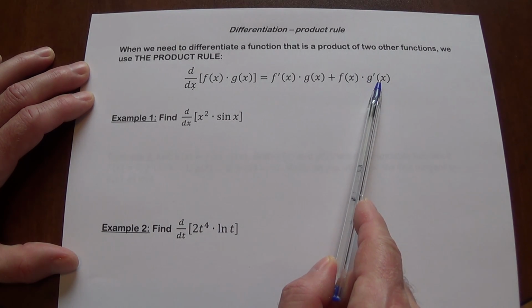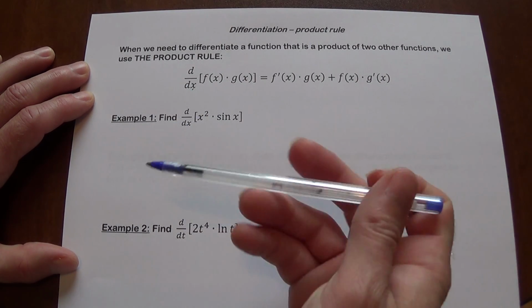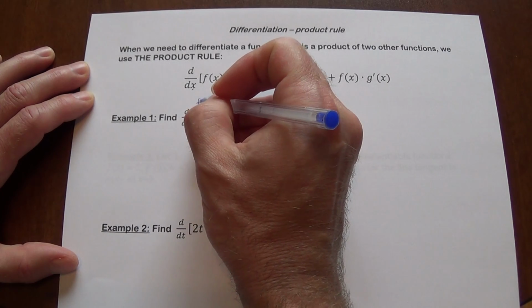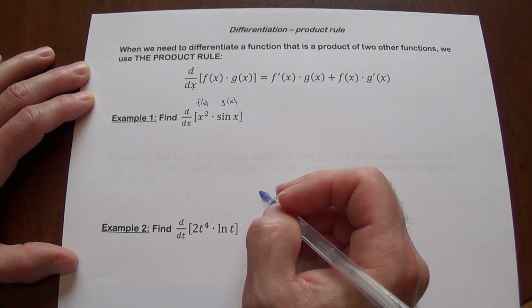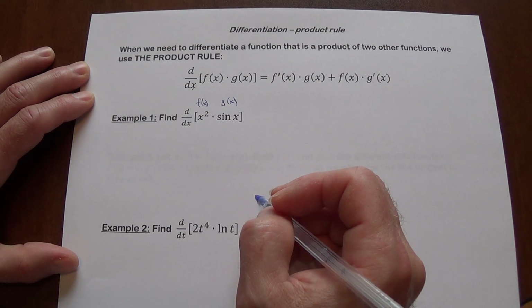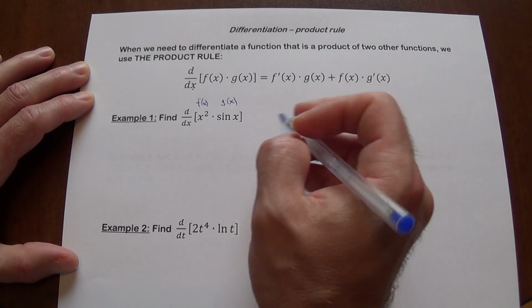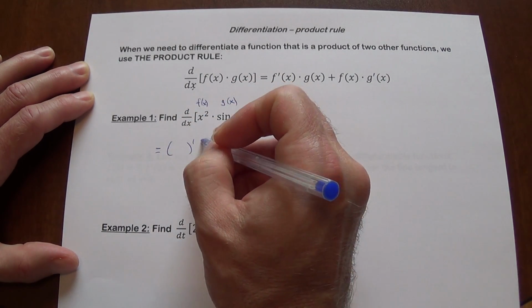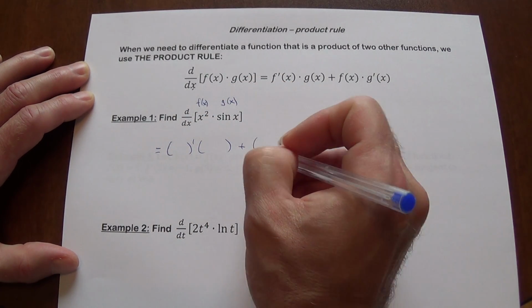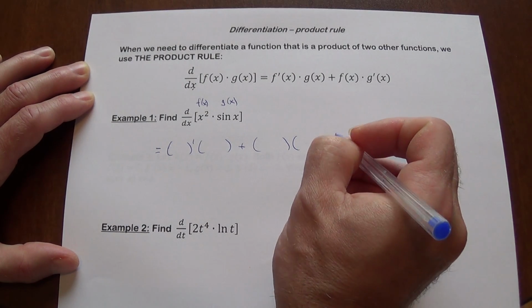So if we look at this first example, this is our f of x, this is our g of x. And I always suggest to students, when you do it, you set it up using this template. So in this case, it's going to be something prime times something plus something times something prime.